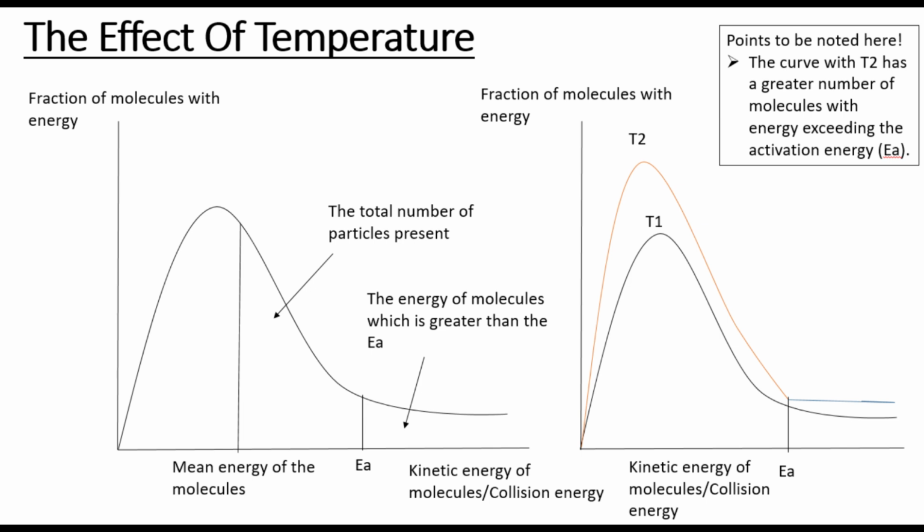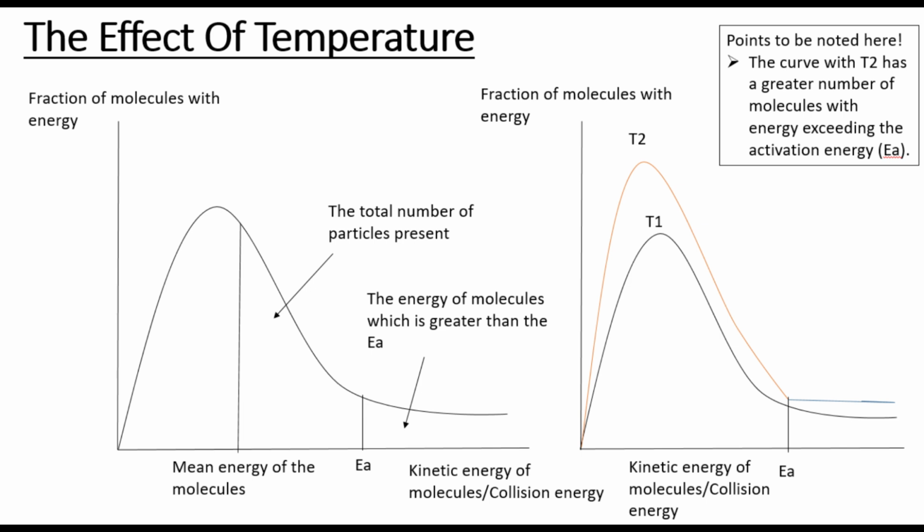All right, so now let's move on to the next graph. There are two temperatures given: one is temperature 1, noted by T1, and the other is T2. Here, T2 is a greater temperature than T1. Now, what noticeable observations can we make from this graph?